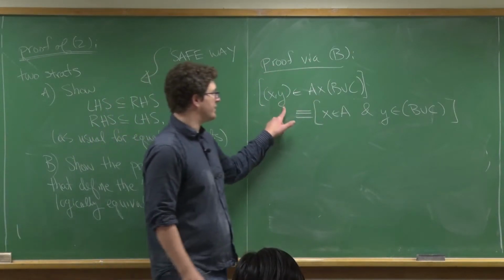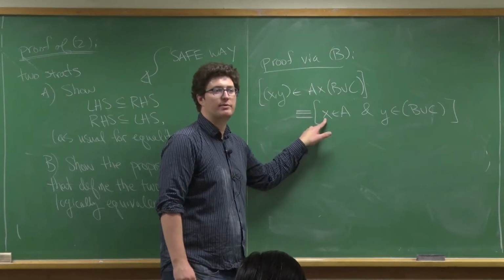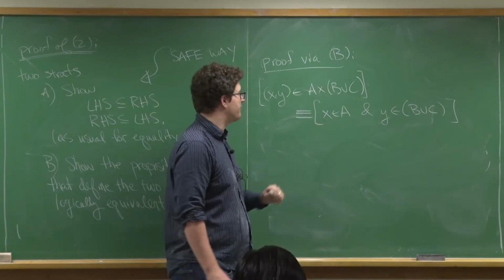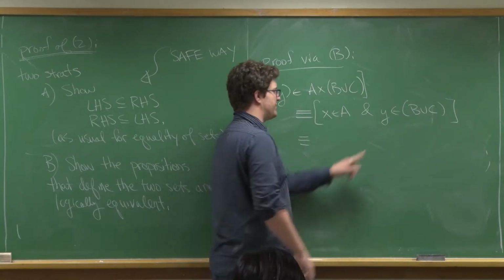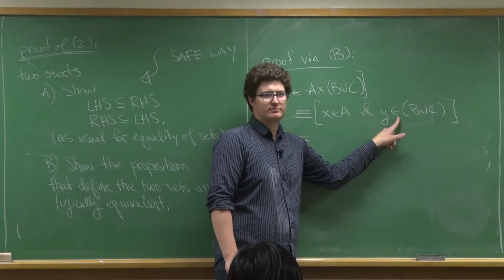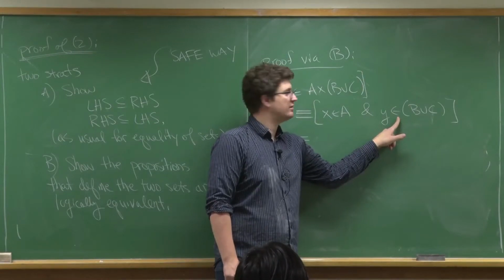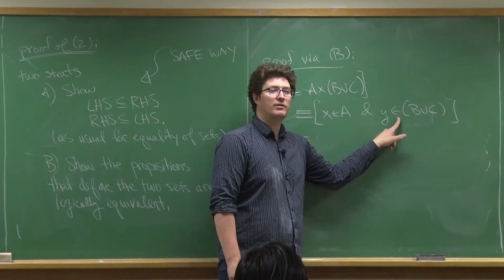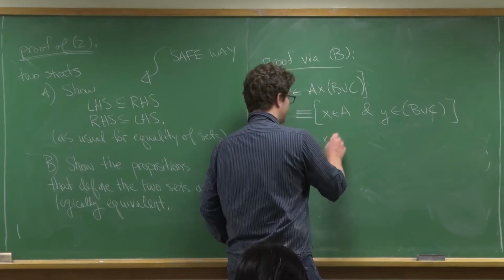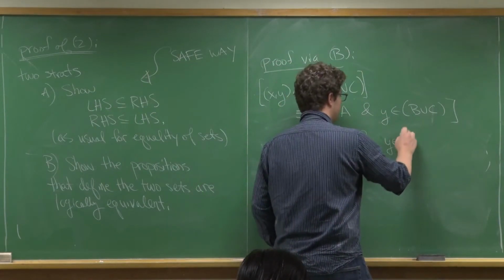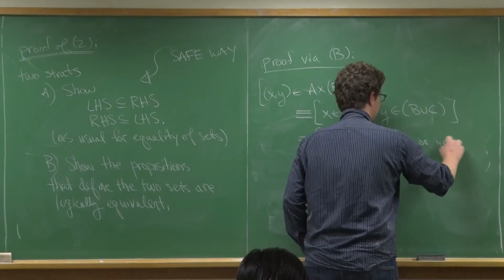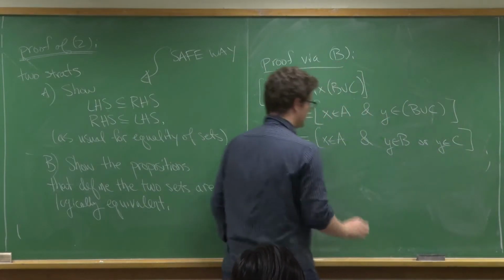That's what it means by definition. What can I do to break this up? Yeah, y in B or C. Exactly. So this is the same thing as x is in A and y is in B or y is in C.